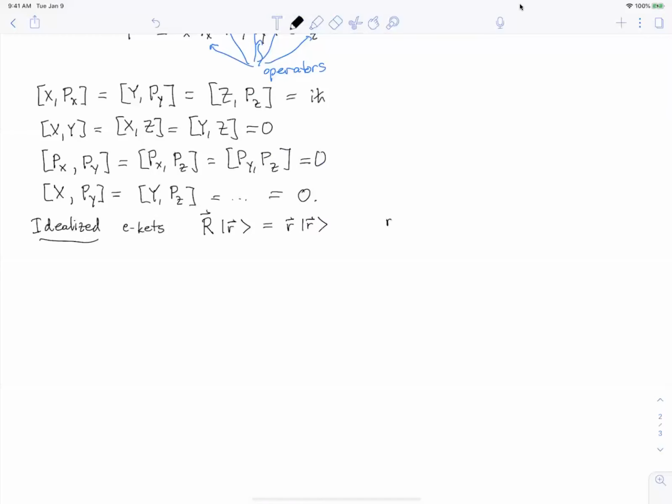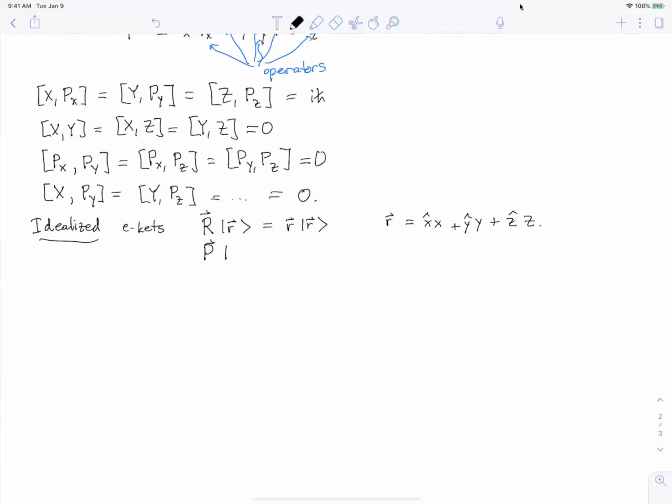So here, little r is x hat x plus y hat y plus z hat z. It's not an operator. It's a numerical vector.